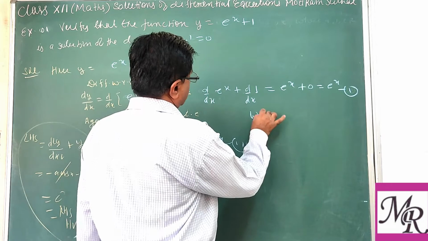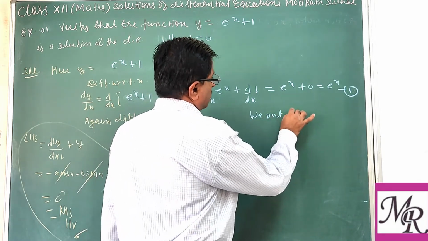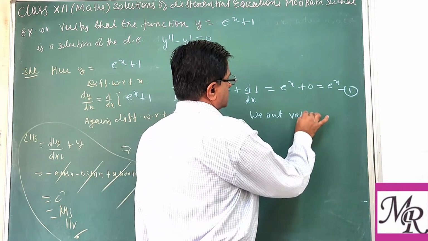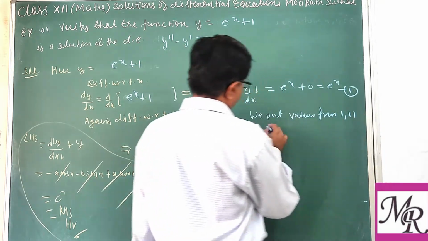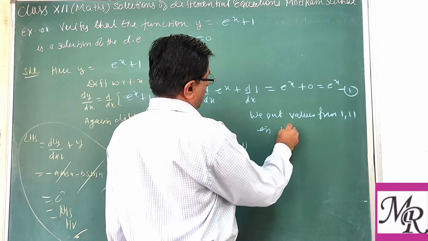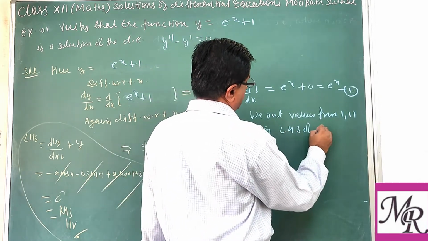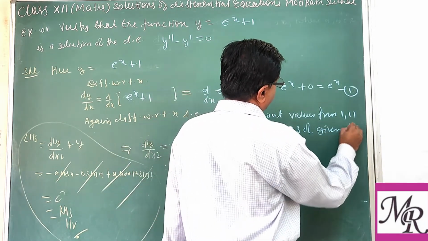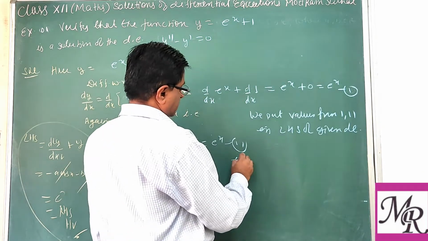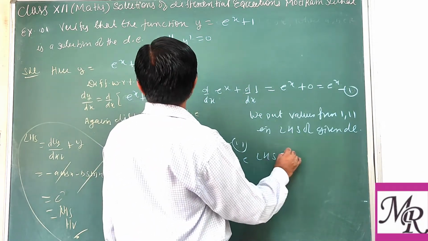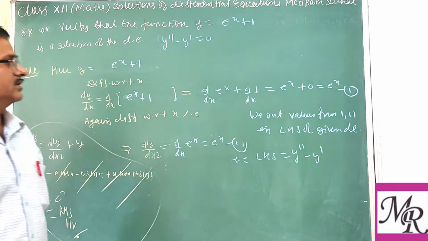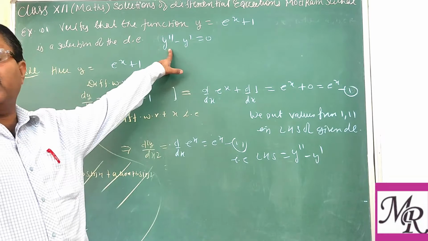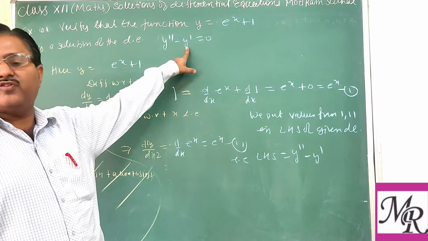So we put the values in the left hand side of the given differential equation. What is the left hand side of the equation? y double dash minus y dash. y double dash means the second derivative, y single dash means the first derivative.